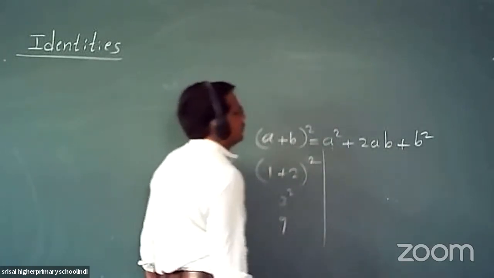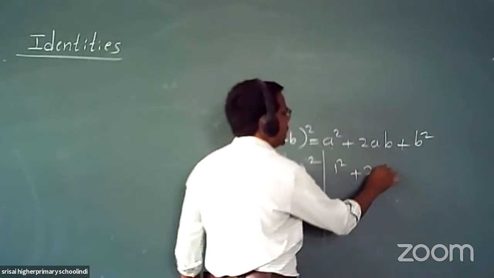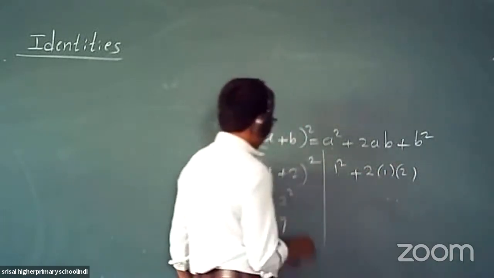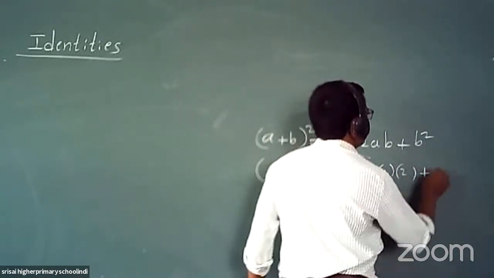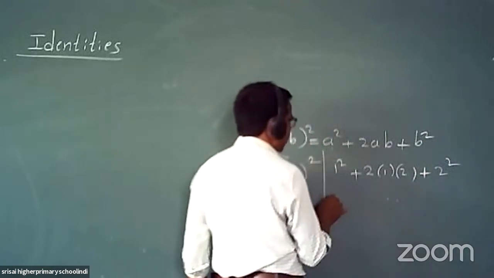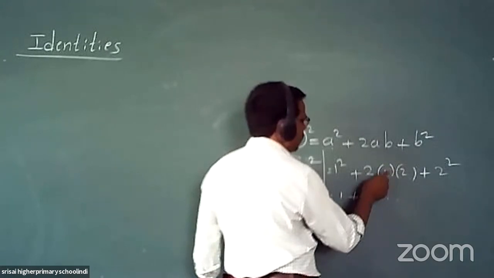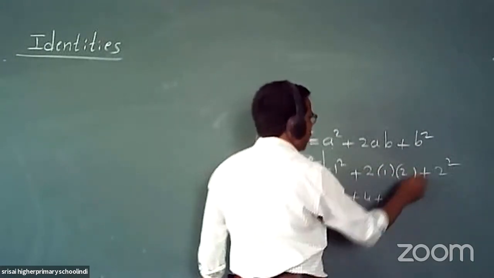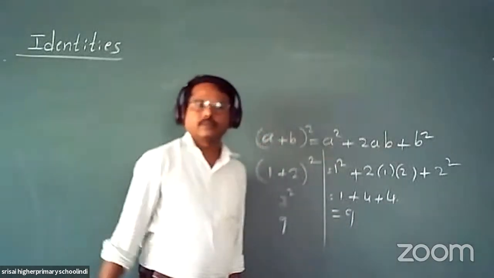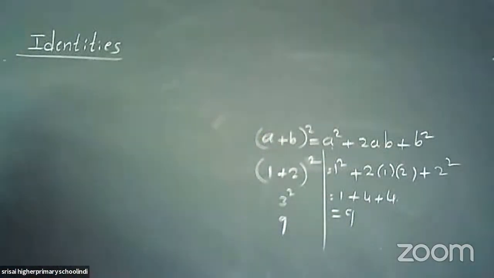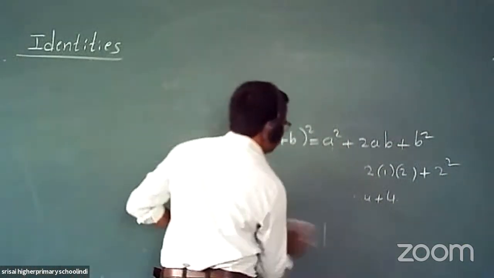Left side is 9. What about the right hand side? a square, 1 square is 1. 2ab, 2 times 1 times 2 is 4, plus b square, 2 square is 4. 1 plus 4 plus 4 is also 9. See, 9 and 9. Both sides are equal. You take any other value, it will always be true.